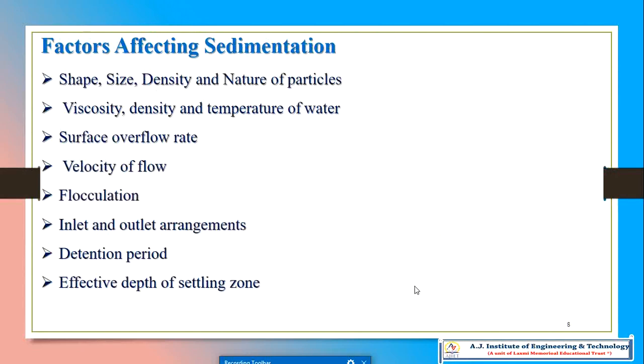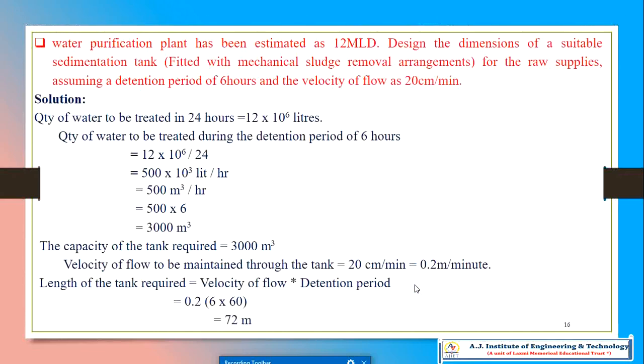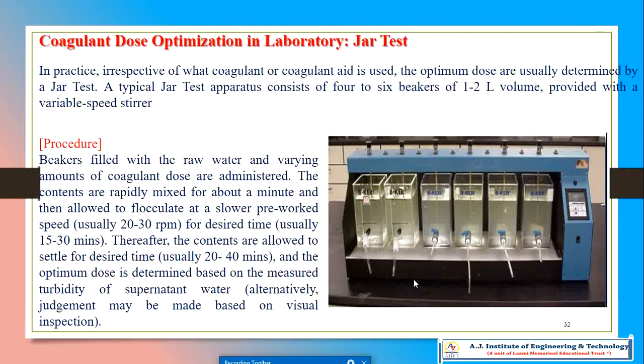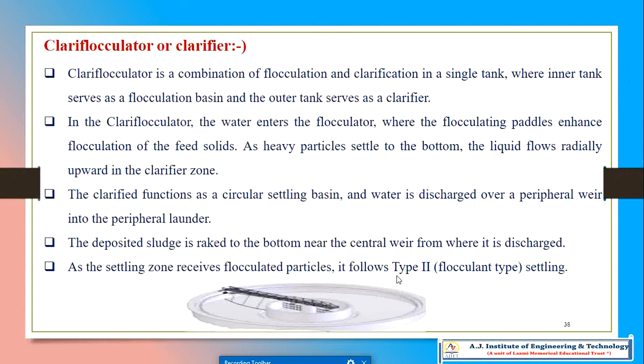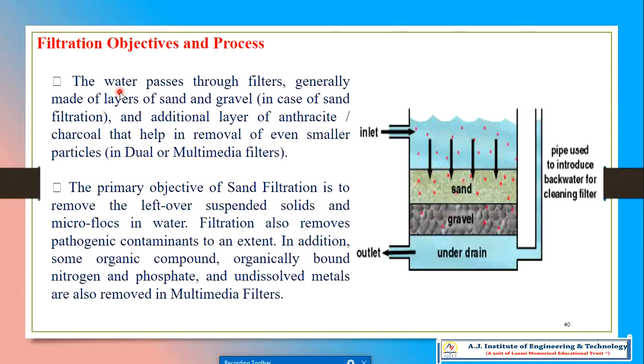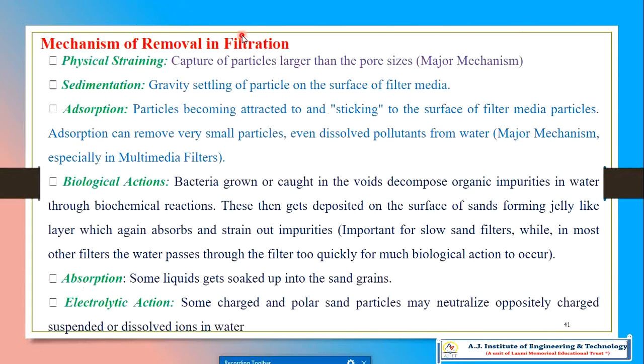In the last part 5 video we concluded a few topics in filtration. We discussed what filtration is, the objectives of filtration, and the mechanisms involved in filtration, that is physical straining, sedimentation, adsorption, biological action, absorption, and electrolytic action.